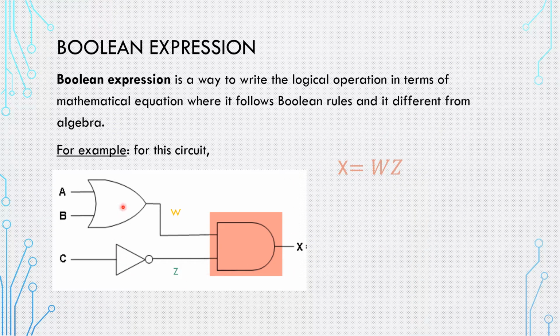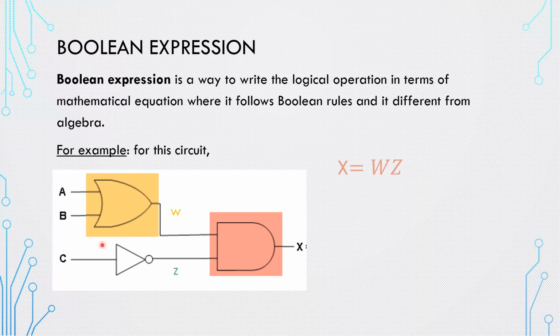In order to write down the equation, I prefer to start from the output and go back until I reach the input. So it starts from the output, the last gate, and I go back and study whatever I have before.